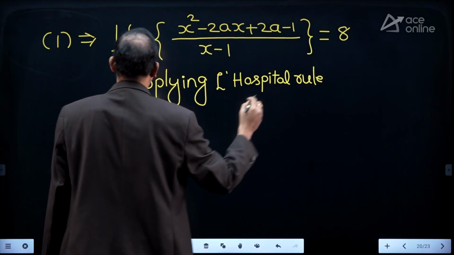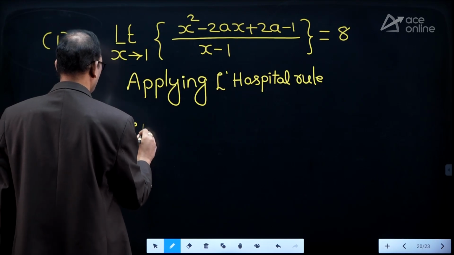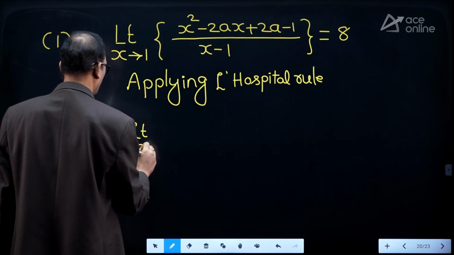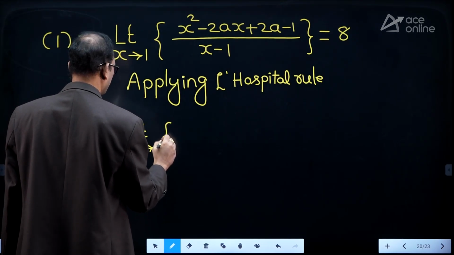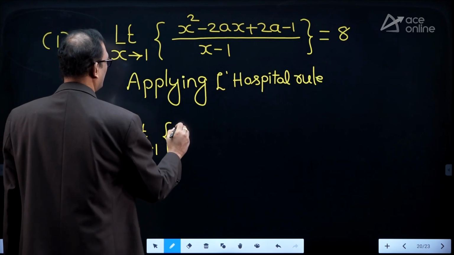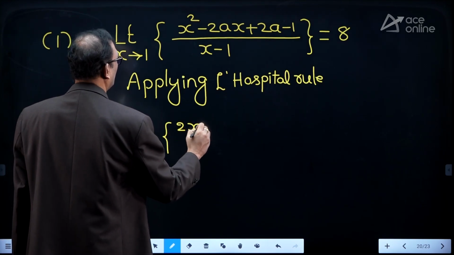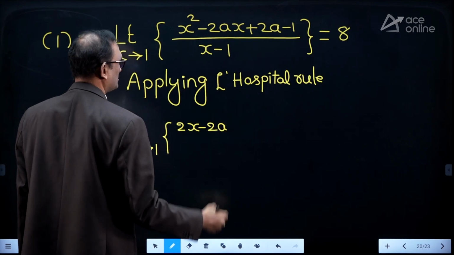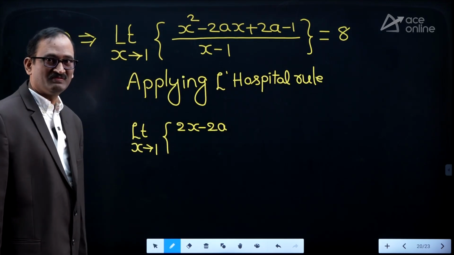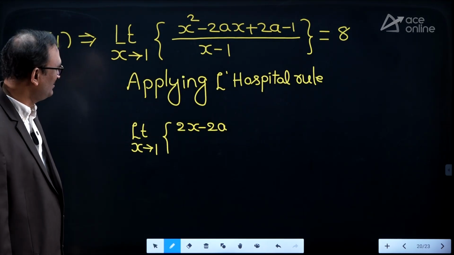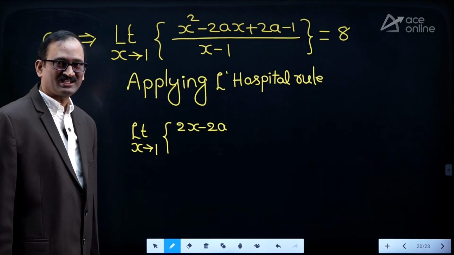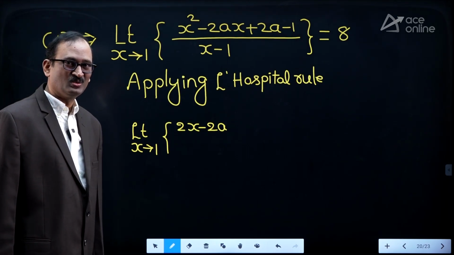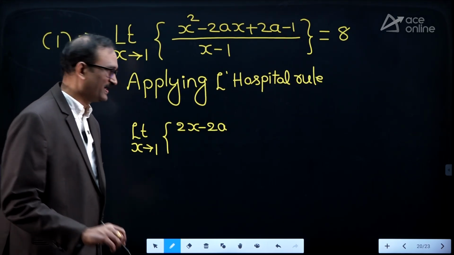Applying L'Hospital rule means differentiating both the numerator and denominator with respect to x. In the numerator, the derivative of x square is 2x, minus 2a into the derivative of x, which is 1, plus the derivative of 2a minus 1, which is 0, divided by the derivative of the denominator x minus 1, which is 1.